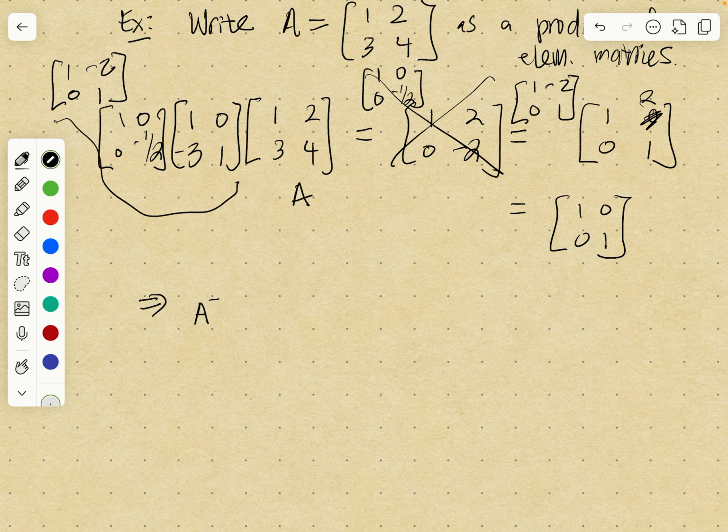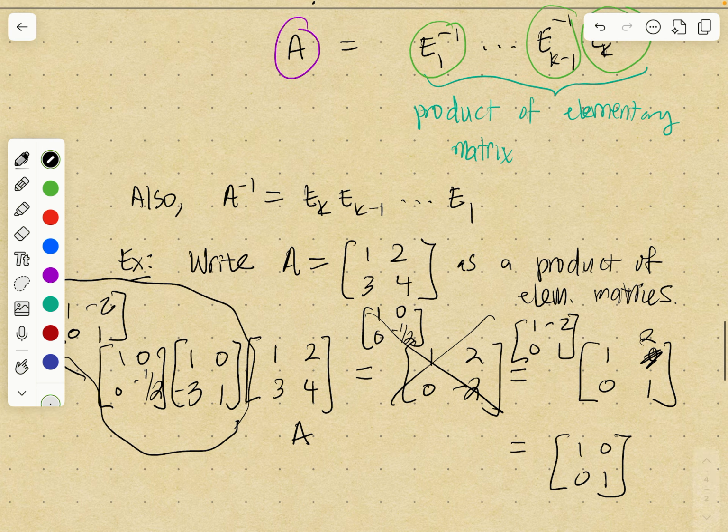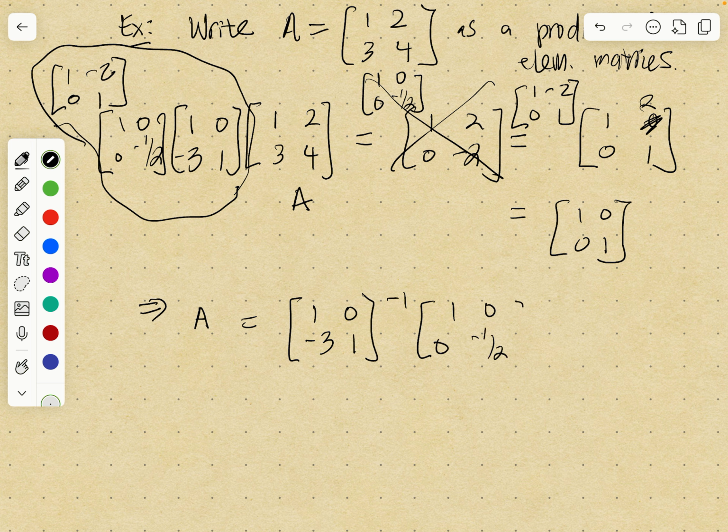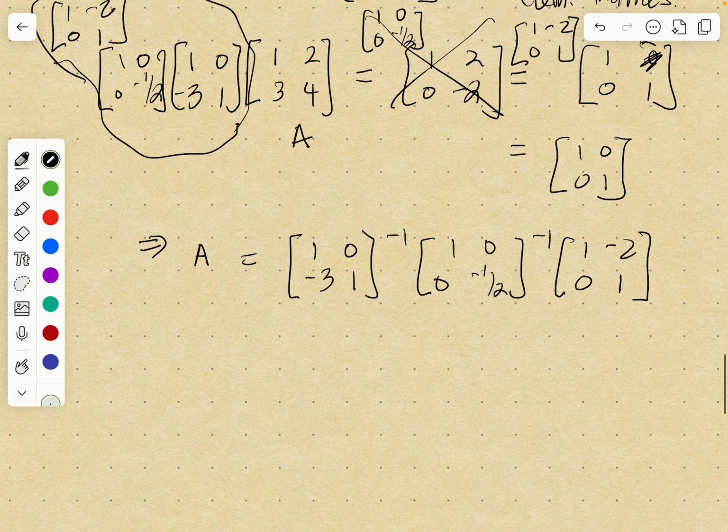So therefore, I'm trying to solve for A, and it's going to be the inverse of this. So it's going to be E_1 inverse times E_2 inverse times E_3 inverse, which when you calculate it, we explained how to find the inverses of the elementary matrices.